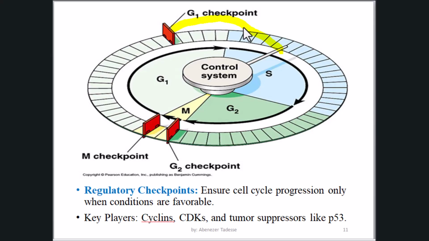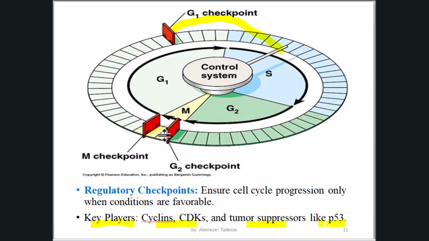If any problem is detected, if there is no favorable condition, that means if the produced enzymes and proteins are not sufficient for the cell to move to the next cycle, they can prevent the cell from moving. This is especially regulated by key players like cyclins, cyclin-dependent kinases, tumor suppressor genes, and especially P53 and the retinoblastoma.